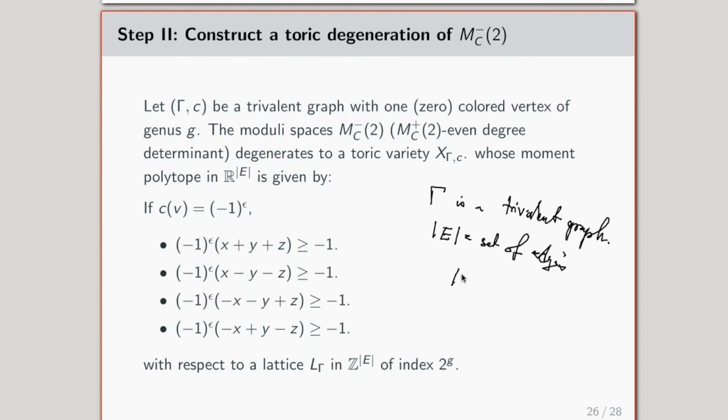I'm going to describe a polytope in R^E. Recall that you will have vertices; locally, the graph looks like x, y, z. To every vertex you assign this inequality.